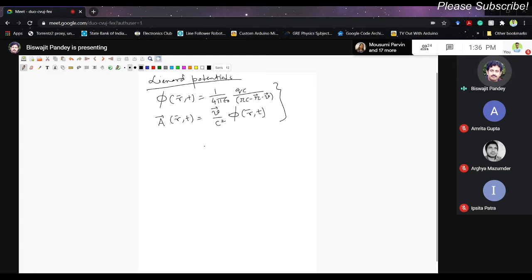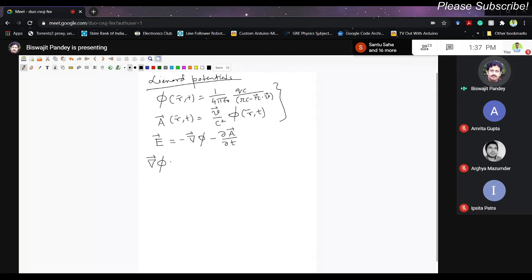And we are interested in calculating the electric field and magnetic field. What we need to calculate is that the electric field is given by minus the gradient of the scalar potential, minus del A del t, and we have already calculated the gradient of phi part, which I am rewriting here.